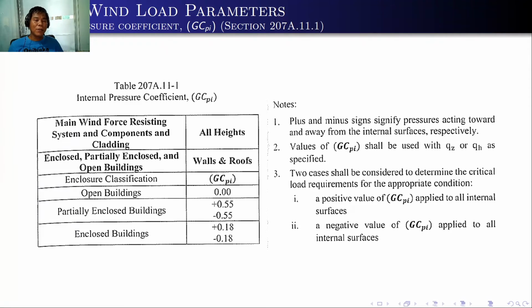For partially enclosed buildings, it can be plus 0.55 or minus 0.55. For enclosed buildings, that is plus 0.18 and minus 0.18. So as you can see, there are two values, and it's higher for partially enclosed buildings. For enclosed buildings, normally the assumption is that the wind is just on the surface of the building, and it has a lower value. This is applied for walls and roof.